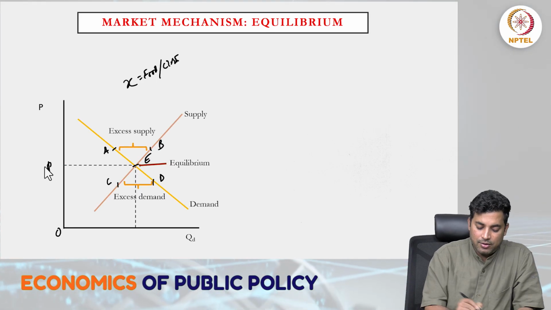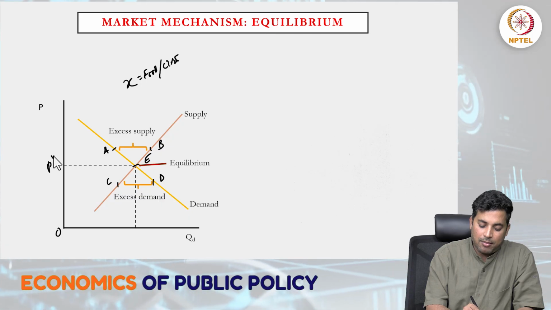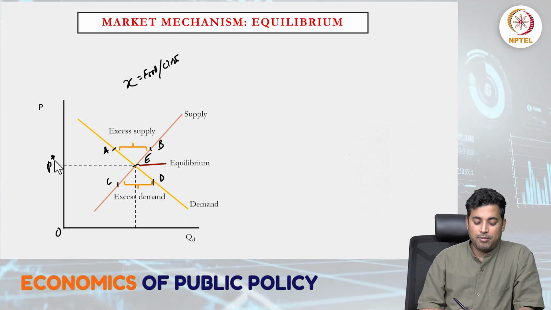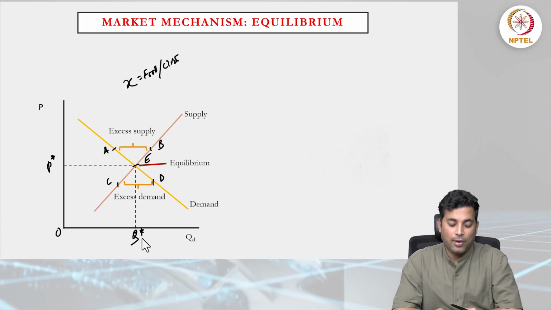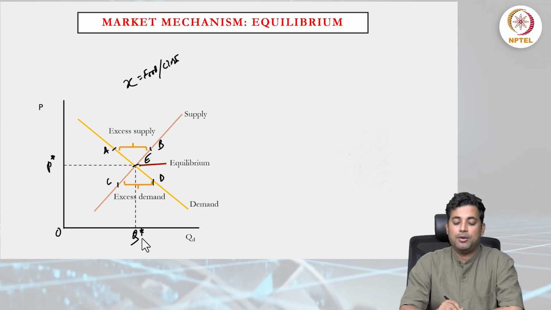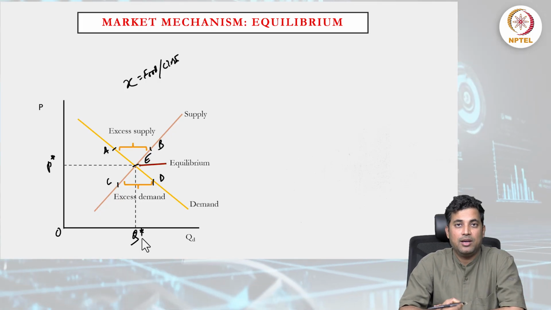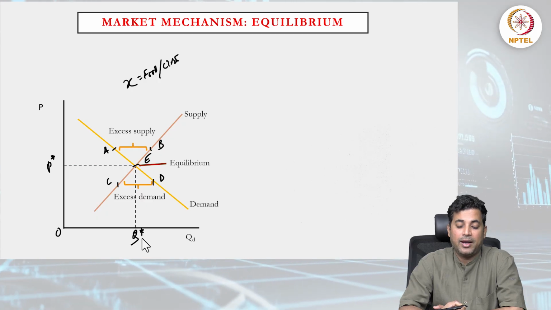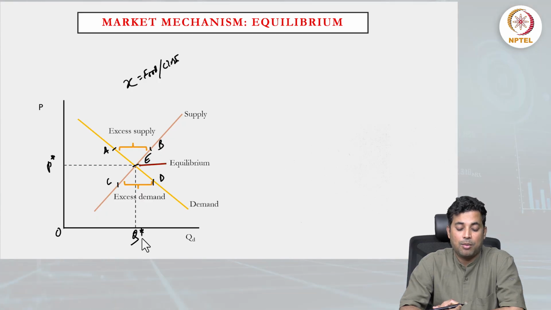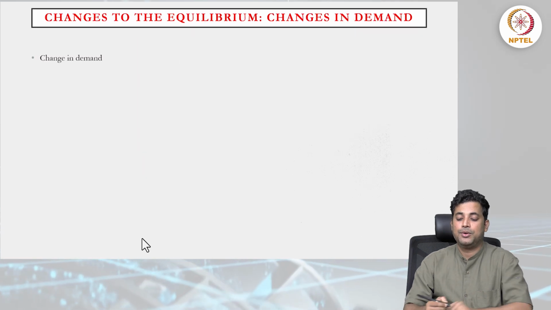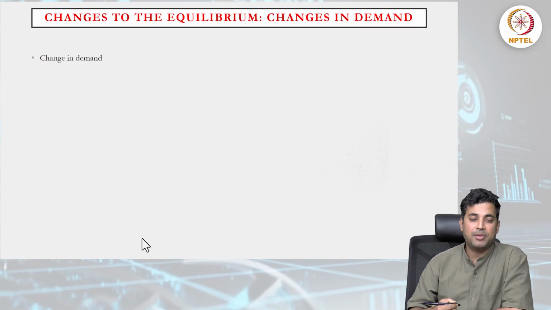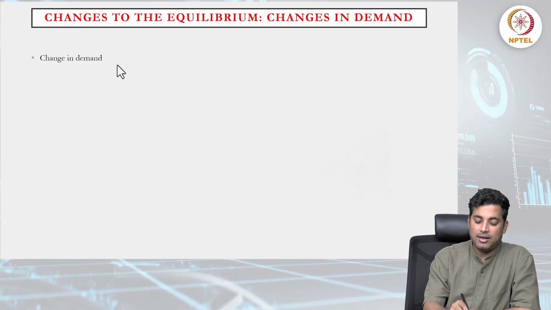This is the equilibrium price, and here is the equilibrium level of quantity. This is how the market interacts, where demand and supply of any commodity intersect each other.